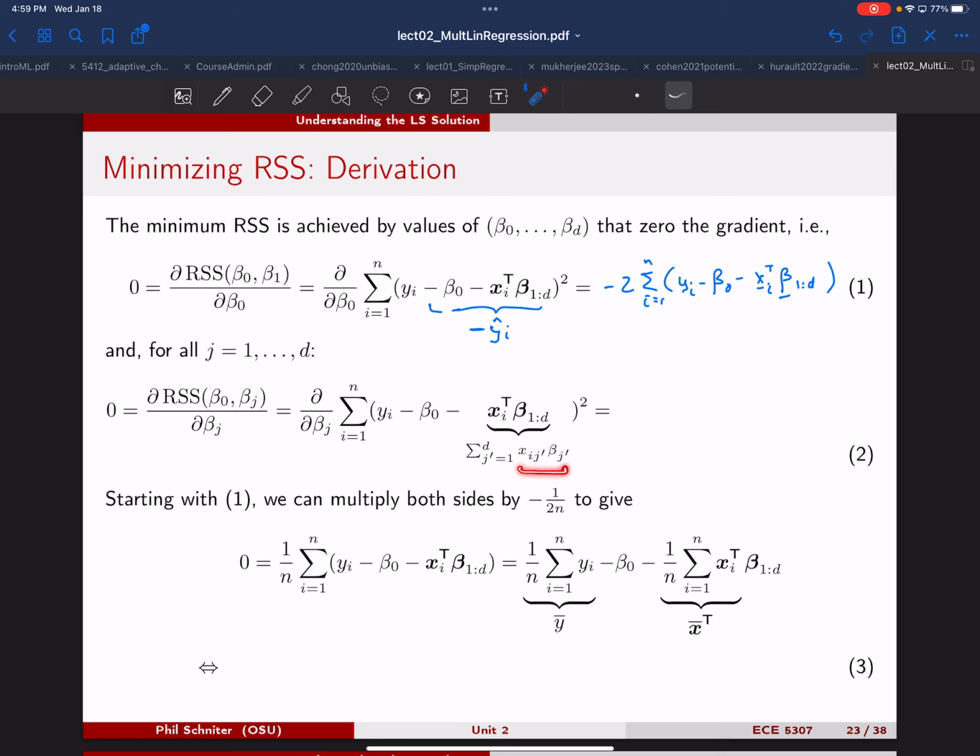So when we finally take the partial derivative, all we get is xij. Okay, so to write the answer, we have minus 2 times the sum, I goes from 1 through n, of xij times the same parenthesis term from above, yi minus beta 0 minus x under bar I transpose times beta under bar 1 through d.